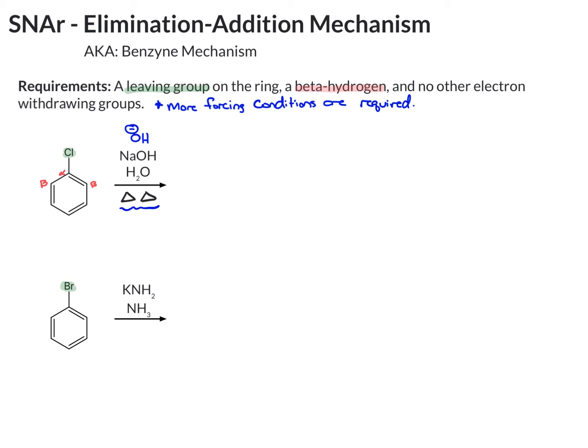So the net result is typically pretty similar in that we're replacing the Cl. So here we would replace the Cl with an OH. In this bottom example, KNH2, our nucleophile is NH2 minus, so we're replacing the Br with the NH2.